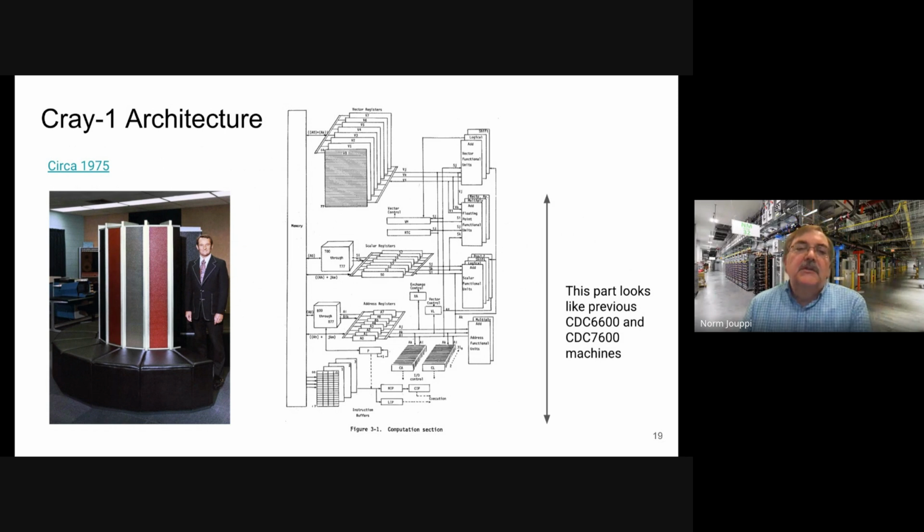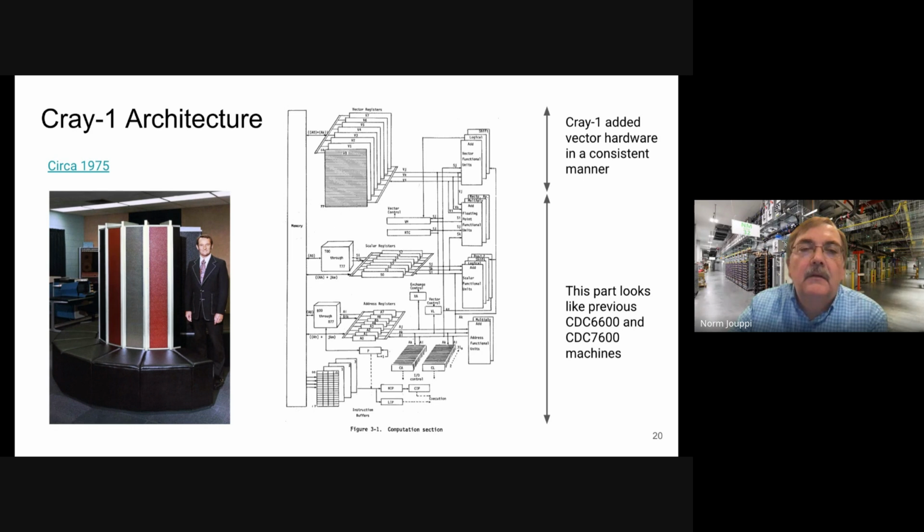Here's a diagram of how Cray got to the Cray-1. Everything to the left of that vertical arrow looks a lot like the 6600 and 7600, these 2 previous machines.